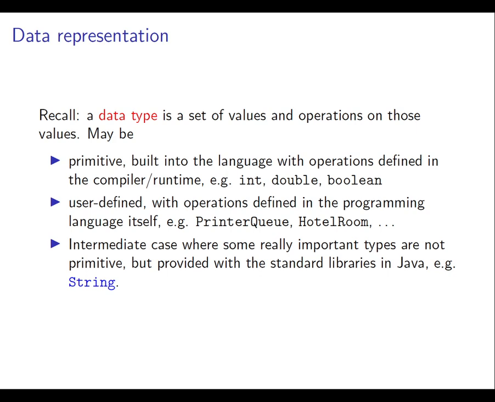And I think I remarked in an earlier lecture about how it was very significant that the word String starts with a capital letter there, in contrast to things like int, double and boolean. Well, the significance is that class names in Java start with capital letters and primitive types start with lowercase letters, and this is one of the mnemonics that helps you to keep these things straight in your head.